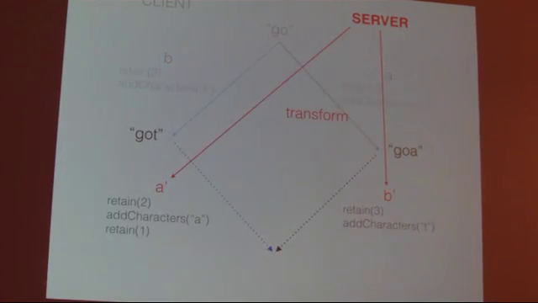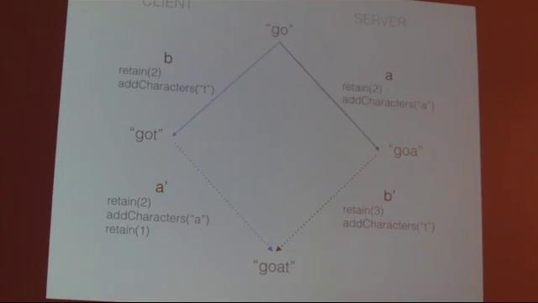And then the server will create the transform on that operation and send it back to the client. So for example, on the transform A, you just go 2 spots, add an A. And then for the transform B, it's go to the end and then add a T. And that way you would get go.